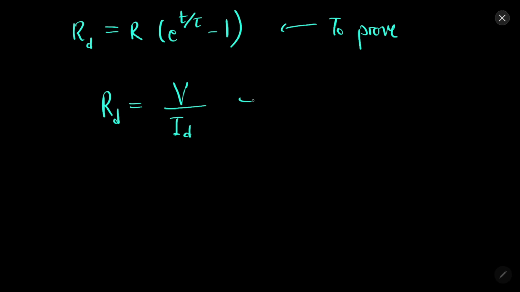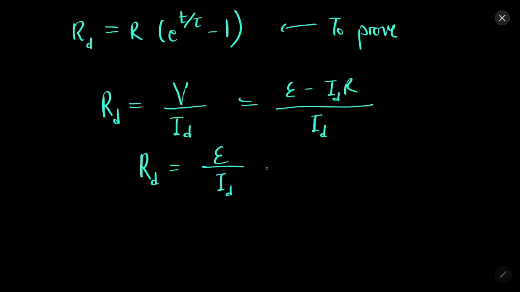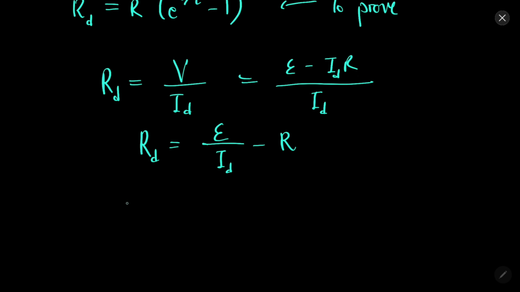Now this voltage can be E minus Id into R, over Id. So after simplification, displacement resistance will be the EMF over Id minus R, because Id will get cancelled out.